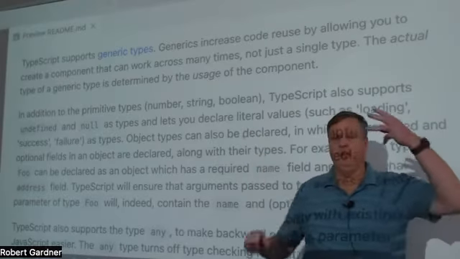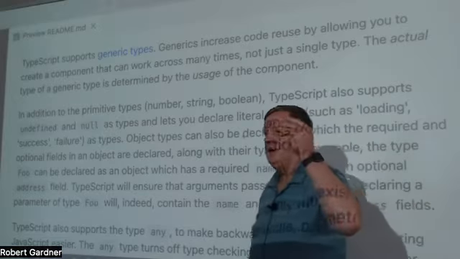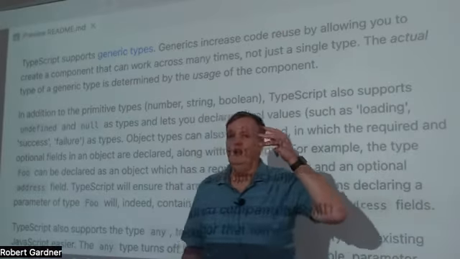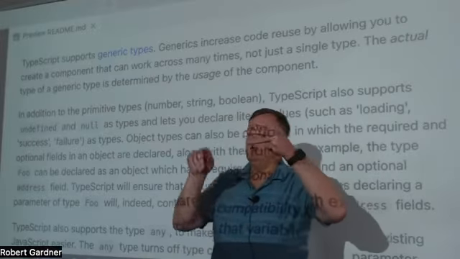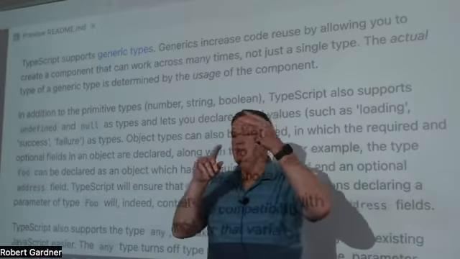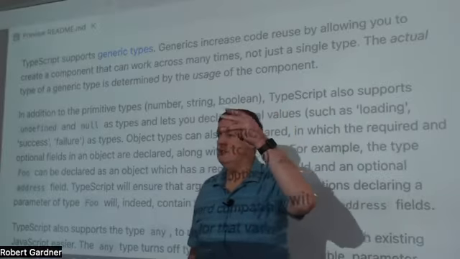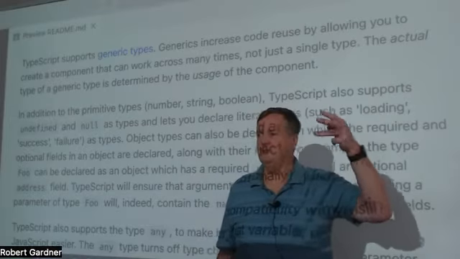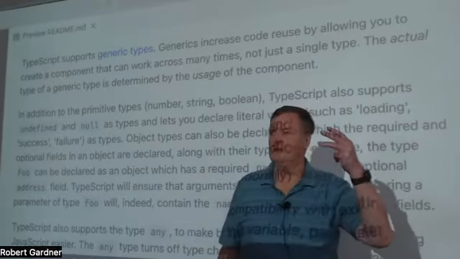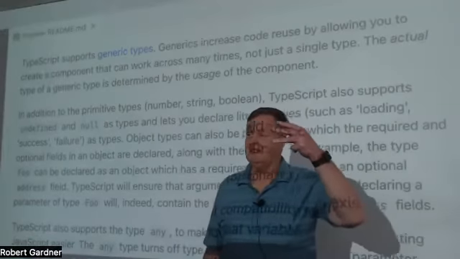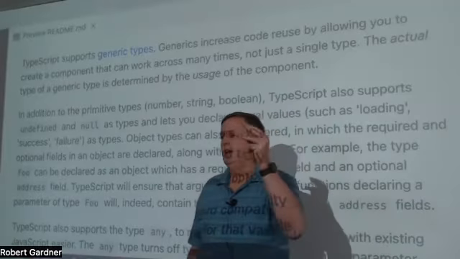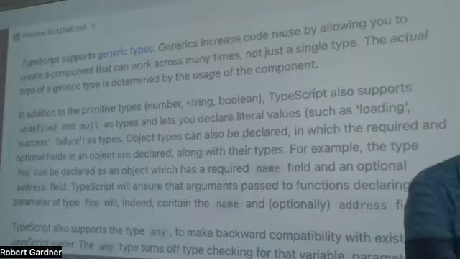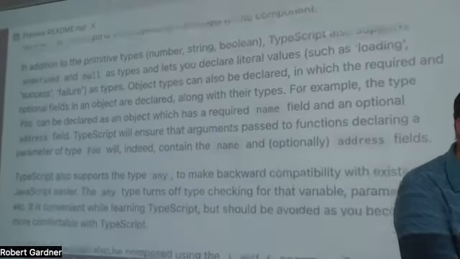So for example, if I had name, address, and phone number, you can say this type is an object that has name, address, and phone number, and phone number is optional. So I can indicate that it's an optional field. And so when I construct one of these things, I don't have to provide the phone number. I can leave it blank. But if phone number does exist, it has to be spelled properly and it has to be of the right type. So that's what it does here for object types.